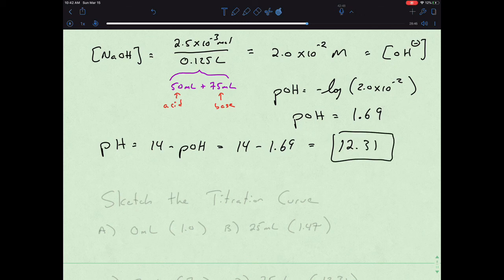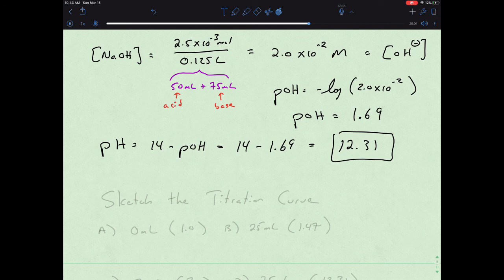And that makes sense because we have excess hydroxide, and we should expect an alkaline pH, a basic pH, a pH that is actually above 7.